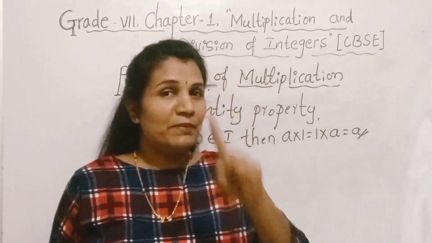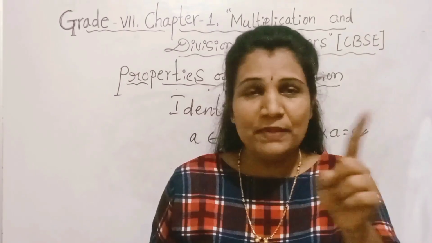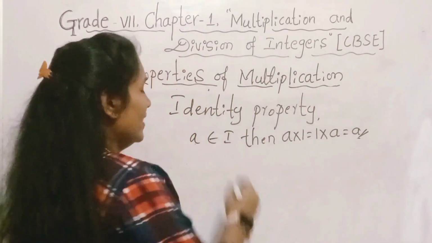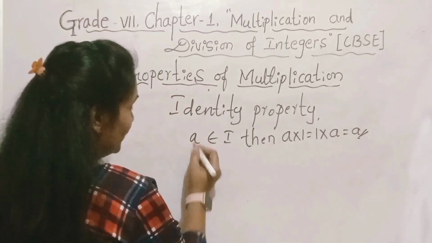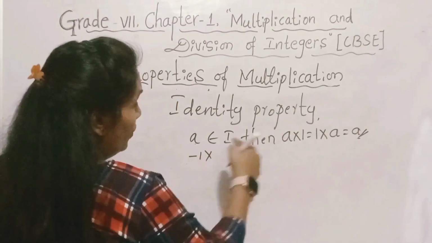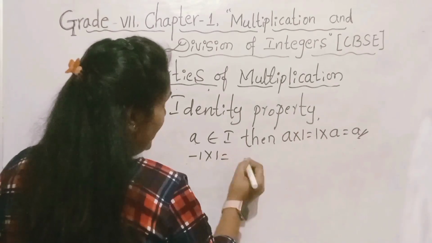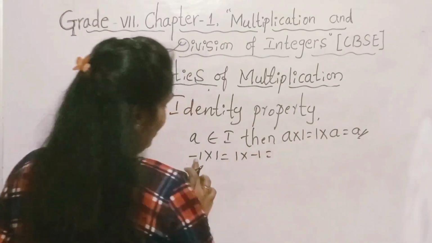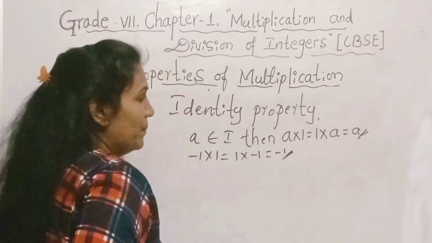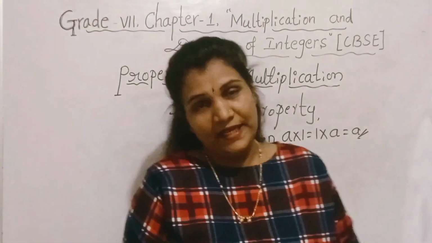Any integer multiplied by 1, or 1 multiplied by any integer, gives the integer itself. I am taking an example, A as minus 1, into 1 is equal to 1 into minus 1, which is equal to minus 1. Minus 1 is the number itself.